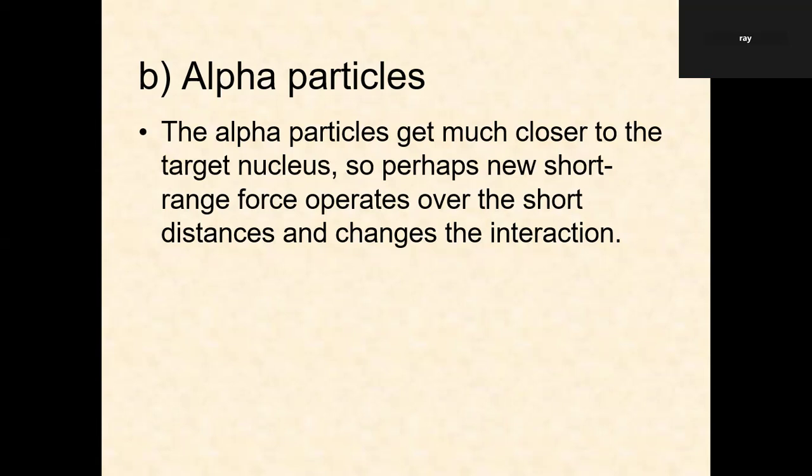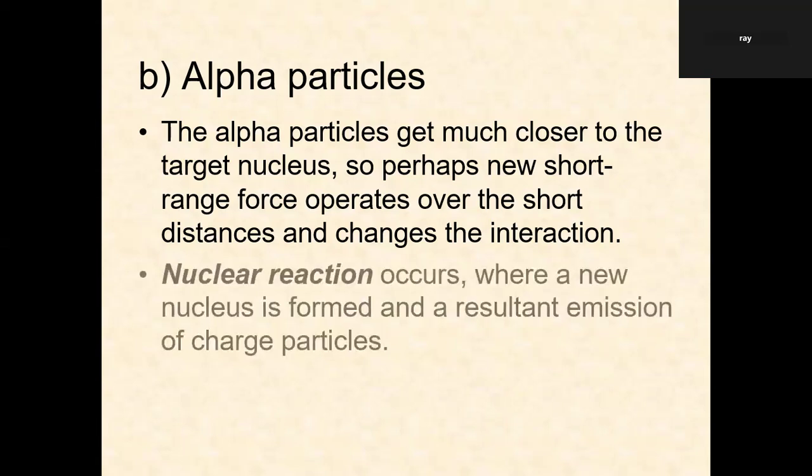Alpha particle is positively charged, and the target nucleus is also positively charged. So perhaps a new short-range force operates over the short distances and changes the interaction. We believe that as it approaches the nucleus, there are short-range forces acting to allow the alpha particle to enter the nucleus. A nuclear reaction occurs where a new nucleus is formed with the resultant emission of a charged particle.